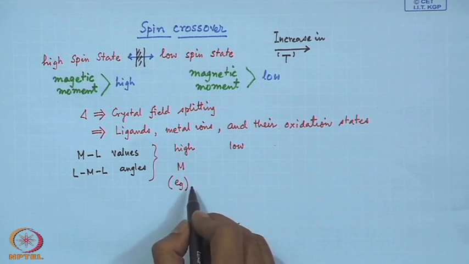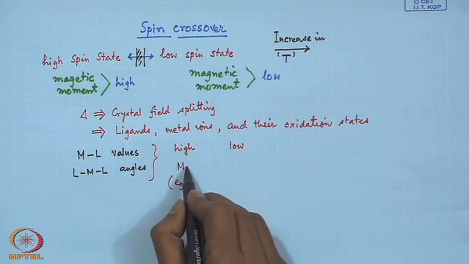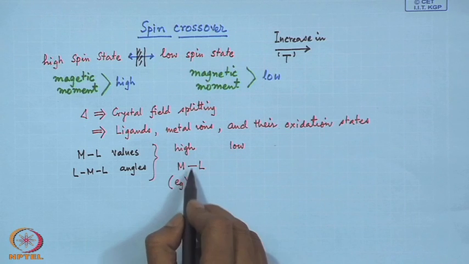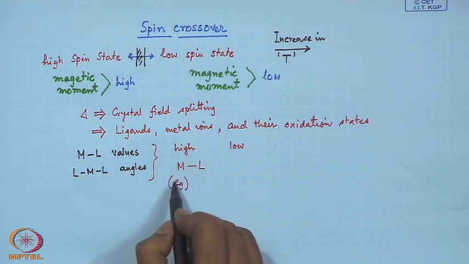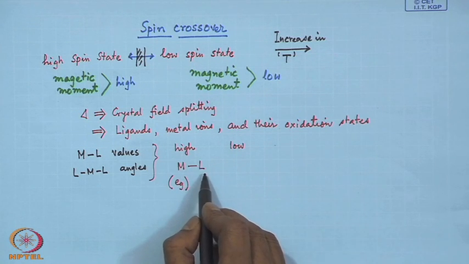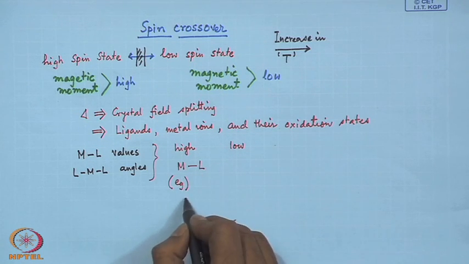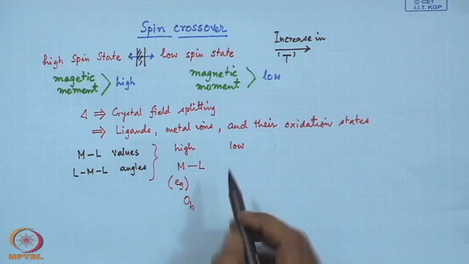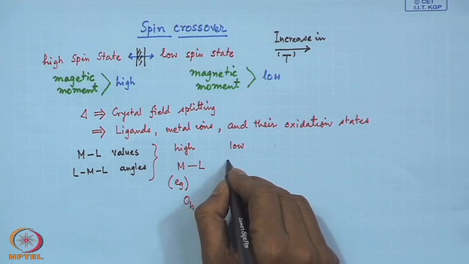The electrons in the e_g level can give rise to longer M-L bond distance, because those orbitals containing electrons are directly facing the ligands along the Cartesian axes in an octahedral geometry, say. So, this is the electronic configuration in octahedral symmetry where the M-L distance should be high.